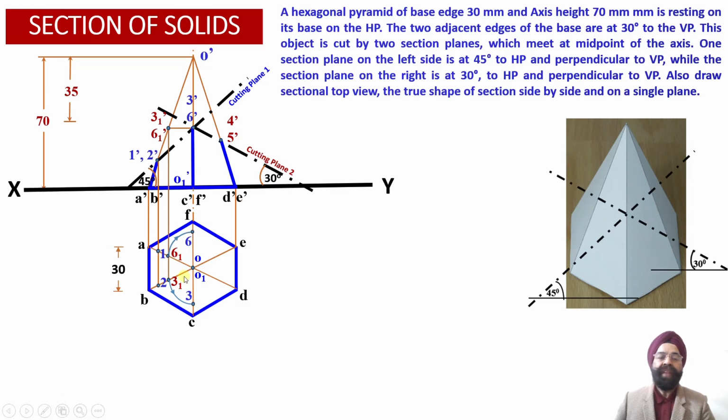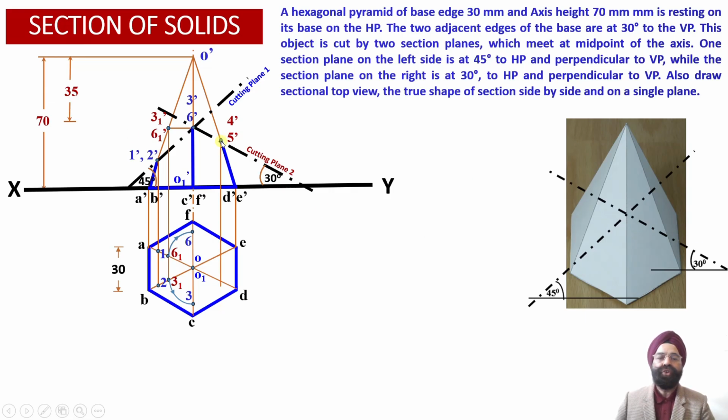So this way, the points of intersection of the cutting plane with the slant generator OC, that is point 3, and the intersection point of the cutting plane with the slant generator OF, that is point 6, these 2 points have been obtained in the top view projections. Next we have the points 4 dash and 5 dash.